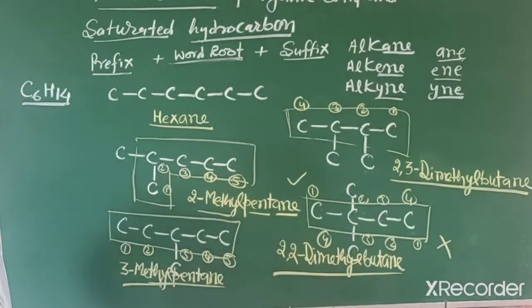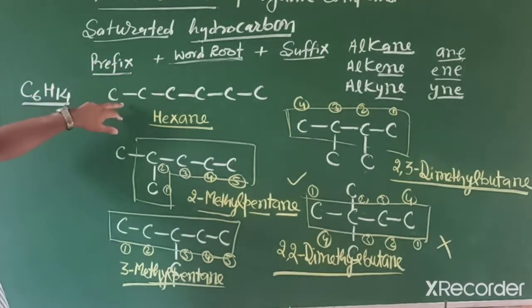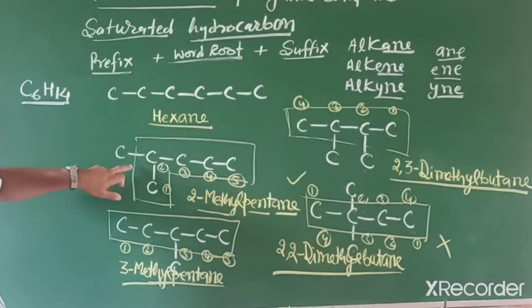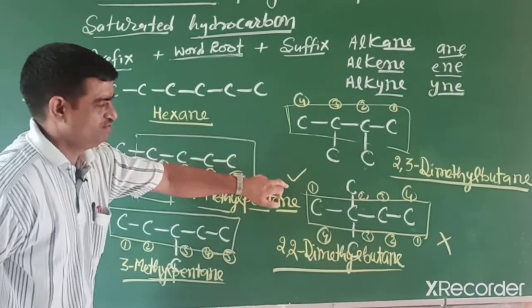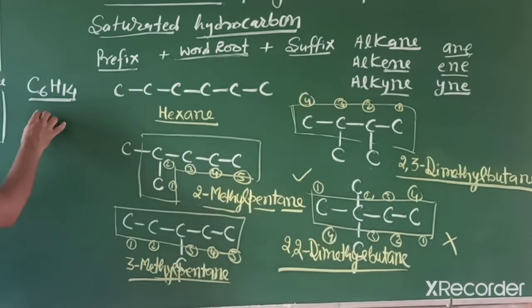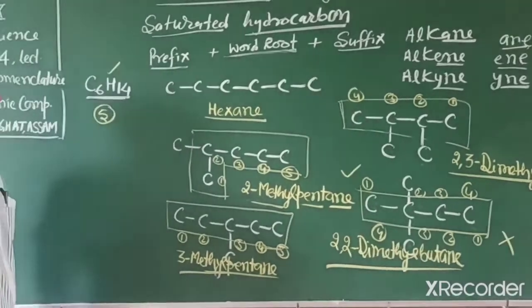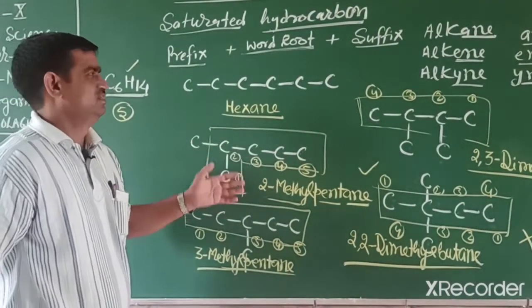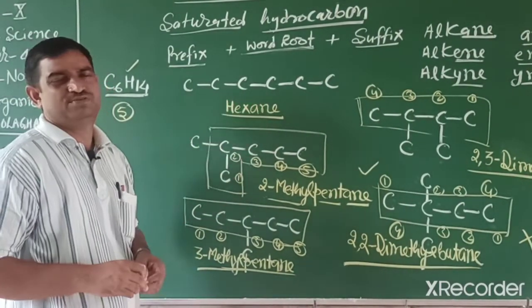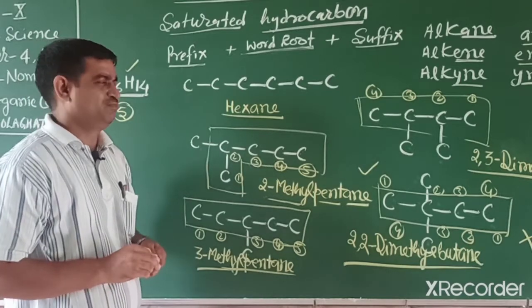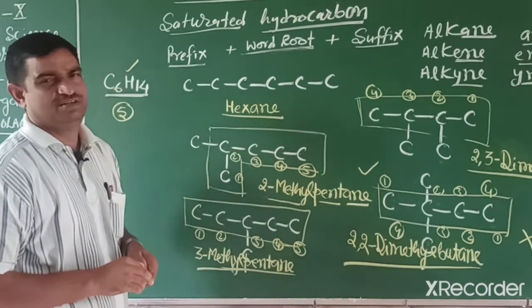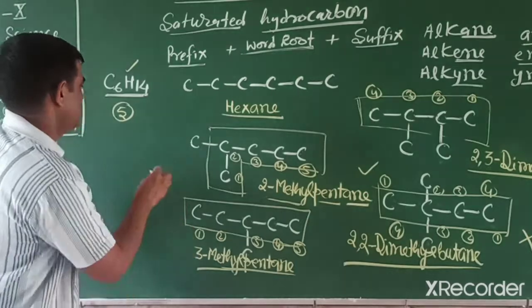So in this way, students, how many isomers do we get? 1, 2, 3, 4, 5. 5 different isomers are formed by the same formula, C6H14. If you write all the compounds, same molecular formula, different structure, they are known as isomers.